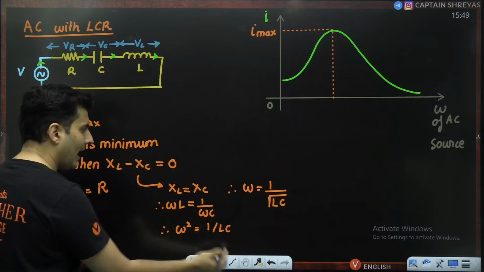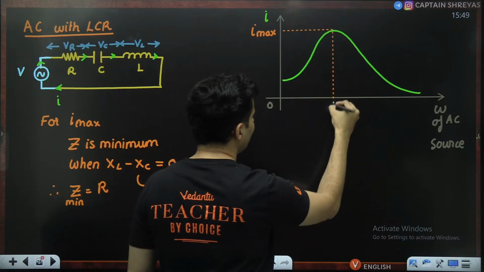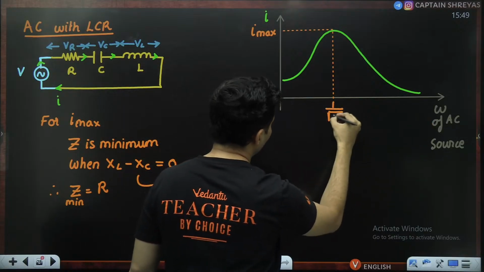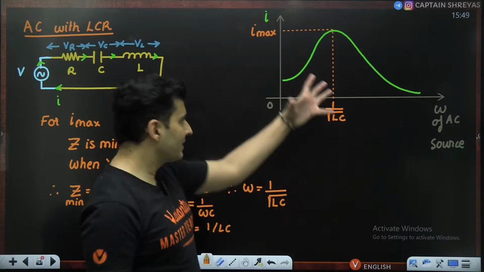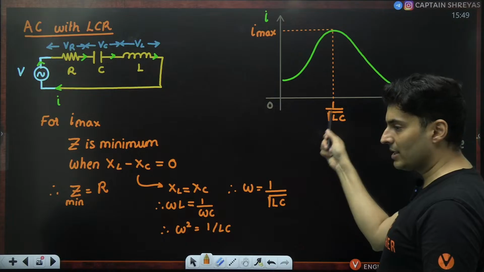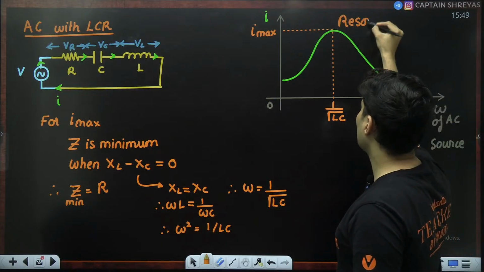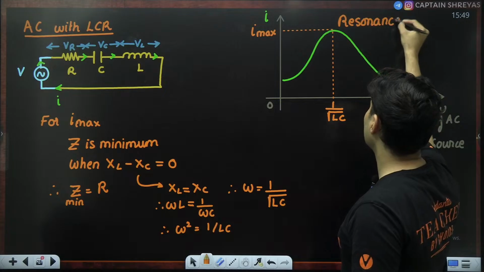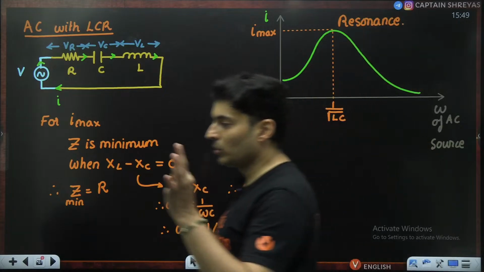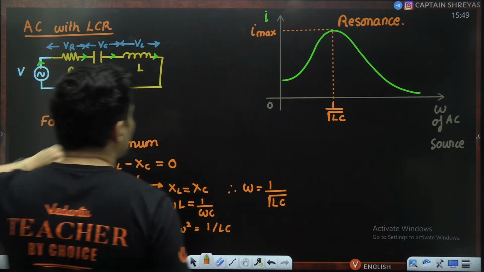So when this happens, the current is maximum. So the value of omega over here is 1 over root LC. This phenomenon of maximum current when the frequency matches 1 by root of LC is called resonance. Absolutely clear. Very good.